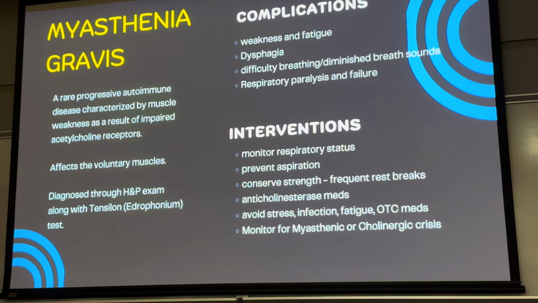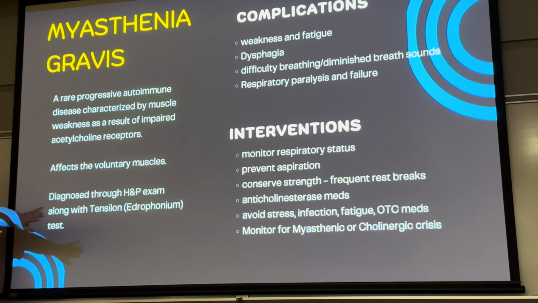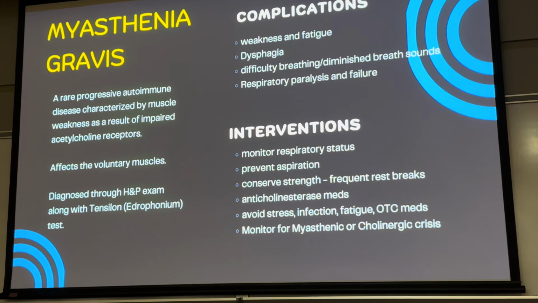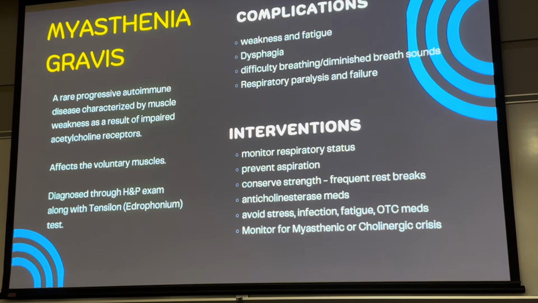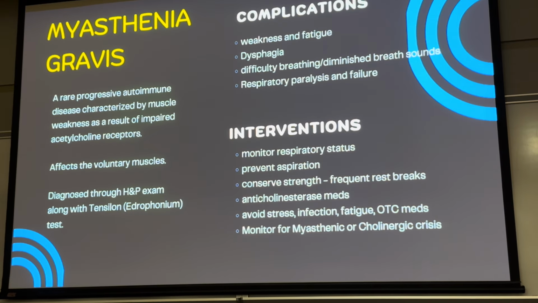Ways we're gonna diagnose is through our H&P. We're also gonna give our edrophonium as well. We give this drug, and it's an acetylcholine type of drug. It should relieve our symptoms. It's very quick acting. It should relieve that fatigue, that weakness component of myasthenia gravis. So I should have an increase in my strength.